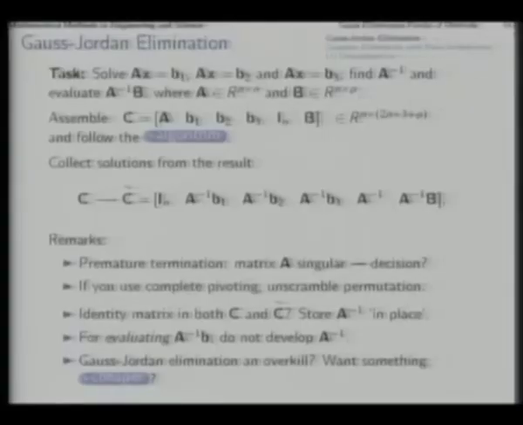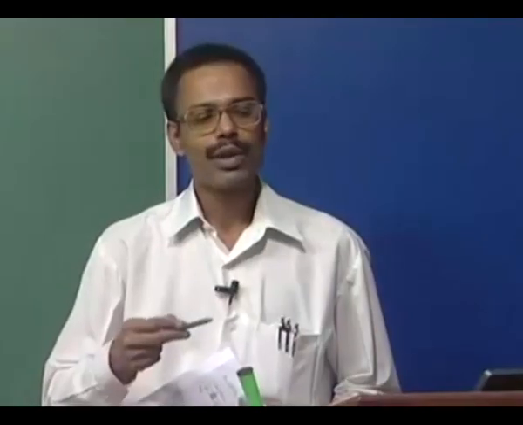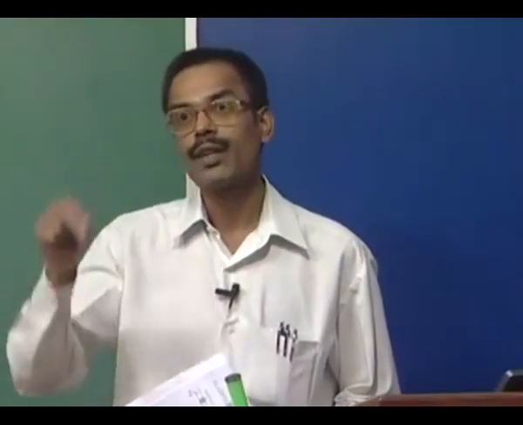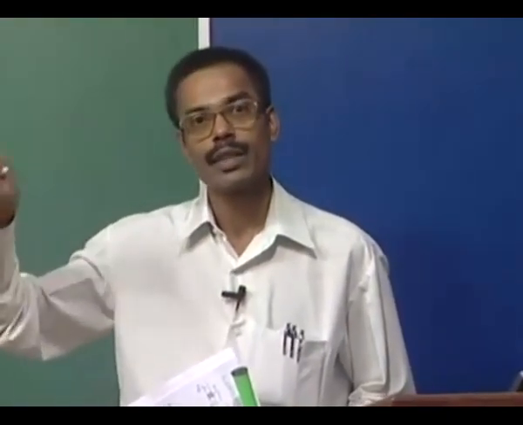Another important point is that many students, while solving for Ax equal to b, tend to first find the inverse of A and then multiply A inverse b. That is not a good idea. For evaluating A inverse b, never develop the complete inverse, because developing the complete inverse will actually require you to solve Ax equal to b kind of systems for n different b's, that is, n columns of the identity matrix.